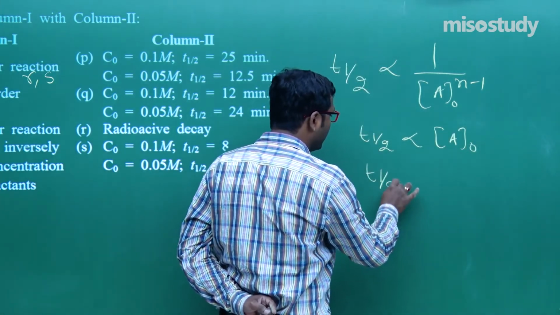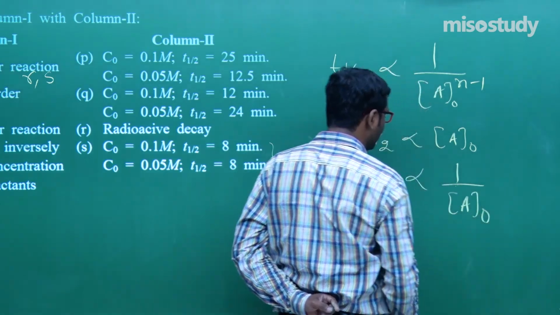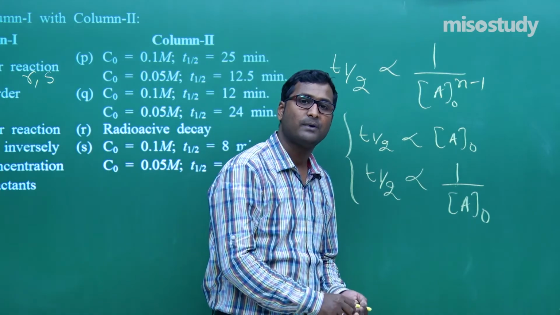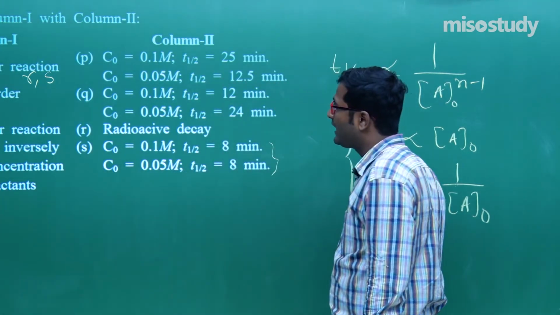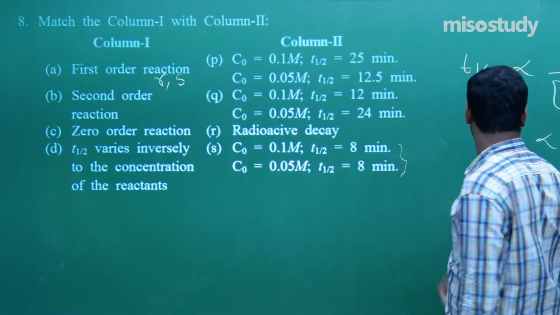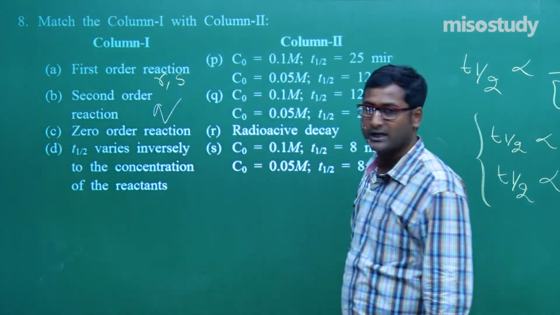For second order reaction, T half is inversely proportional to initial concentration, and for first order reaction, T half is independent of the initial concentration. So in this case, where concentration decreases but T half increases, inversely proportional, for second order Q is correct.